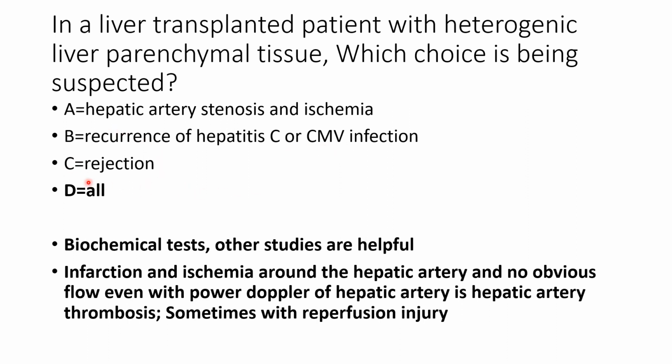The only sign of rejection on ultrasound can be heterogeneous parenchyma with abnormal biochemical tests. Around the hepatic artery we have infarction and ischemia, heterogeneous with no flow on power Doppler. Sometimes reperfusion injury looks a little like collaterals.